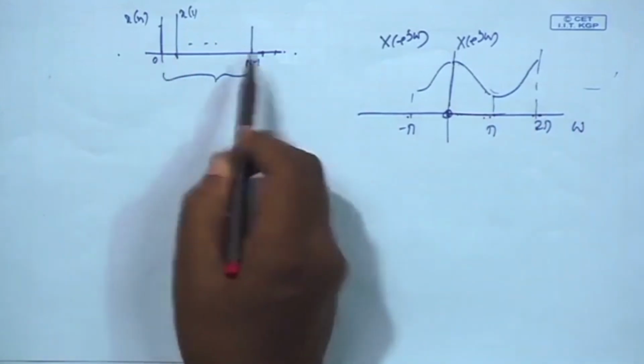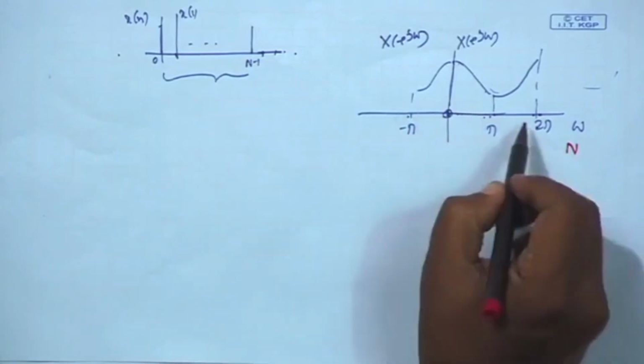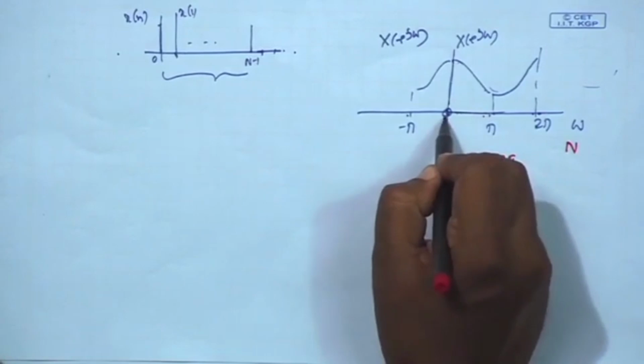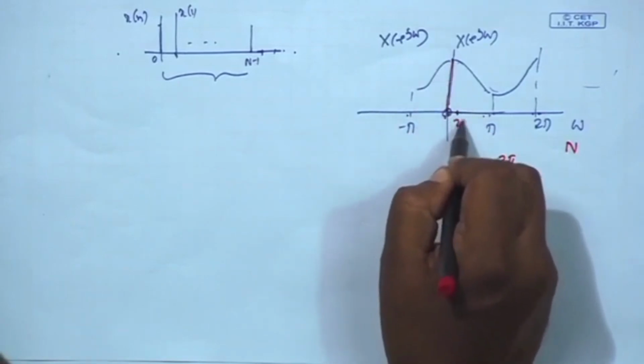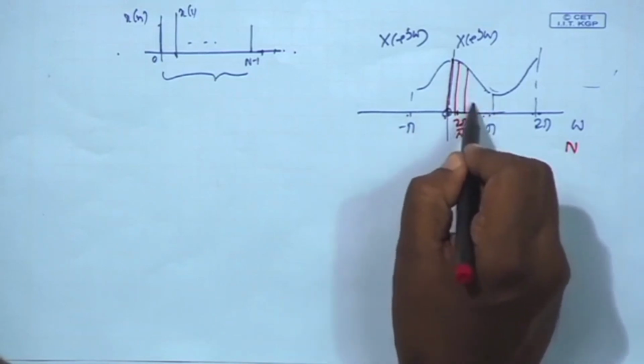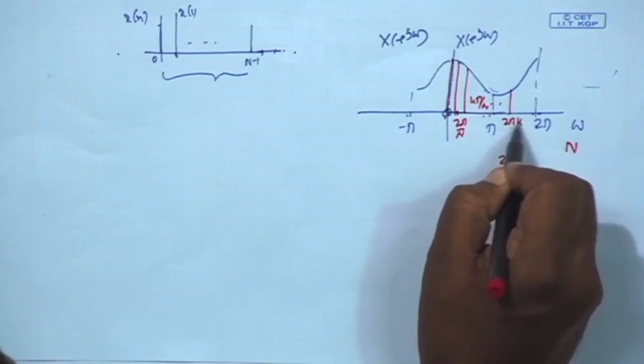If the length is capital N, you should take N number of samples of this at a sampling period 2 pi by N. So, 0 one sample, then 2 pi by N another sample, then 4 pi by N another sample, up to 2 pi.